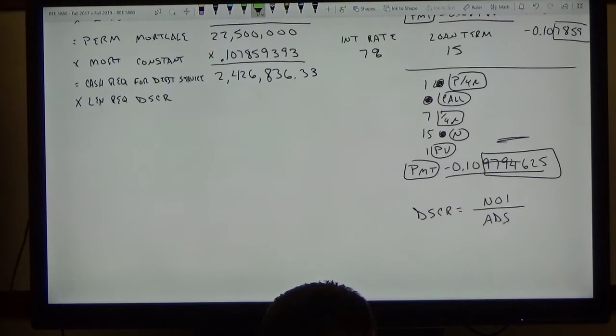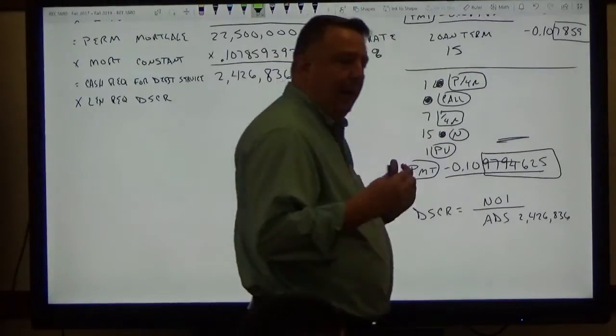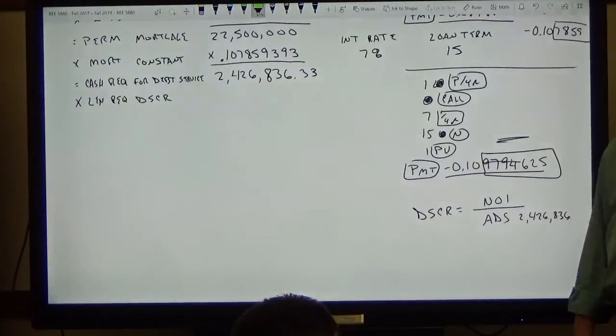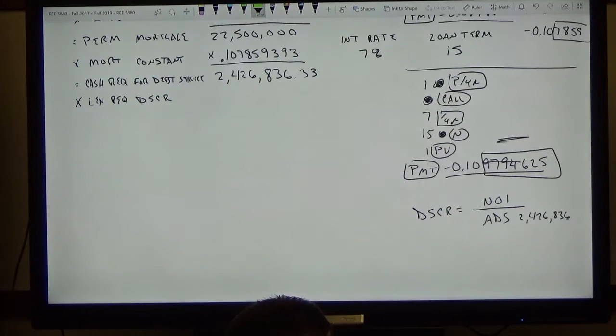In this case, we know our annual debt service, which is $2,426,836. What we don't know is NOI, and we're going to have to be given the debt service coverage ratio by the lender. Most lenders will tell you what that is up front, saying for this kind of project, with these conditions, our debt service coverage ratio is what?